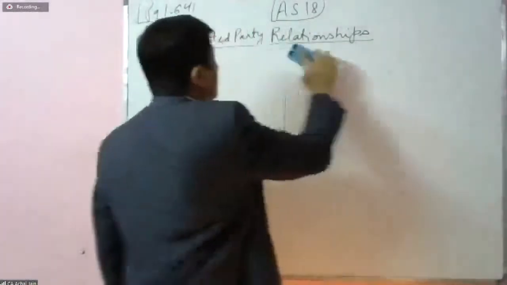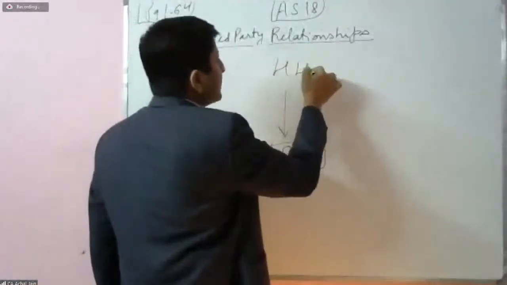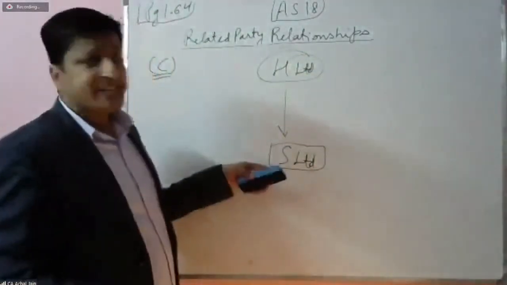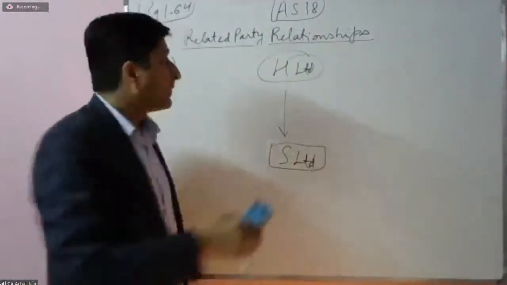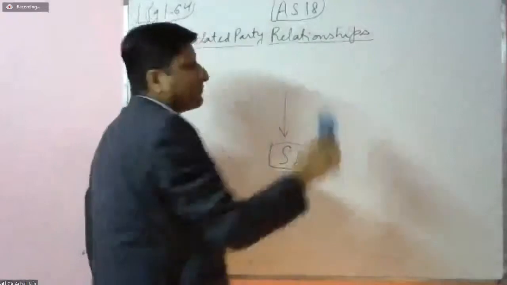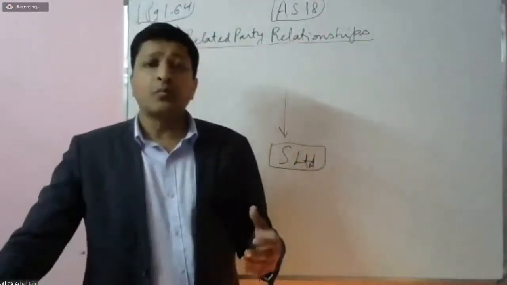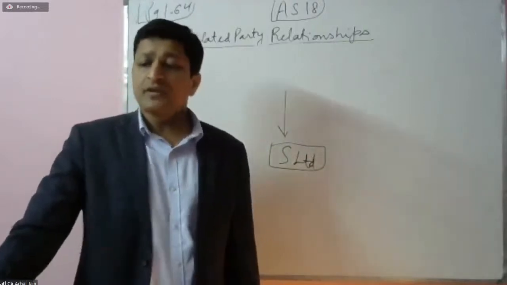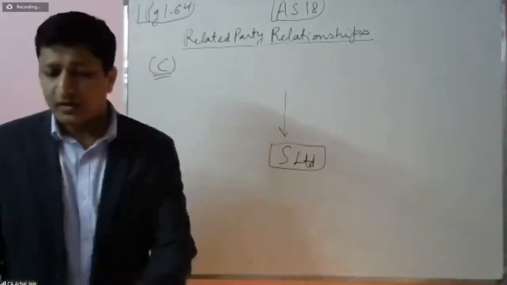And we also found that H may also be related party of S in case S is associate of H, correct? Everywhere when we were talking about the investors, we were talking about the companies. Everywhere the investor was a company, but it's not necessary that the investor has to be a company.